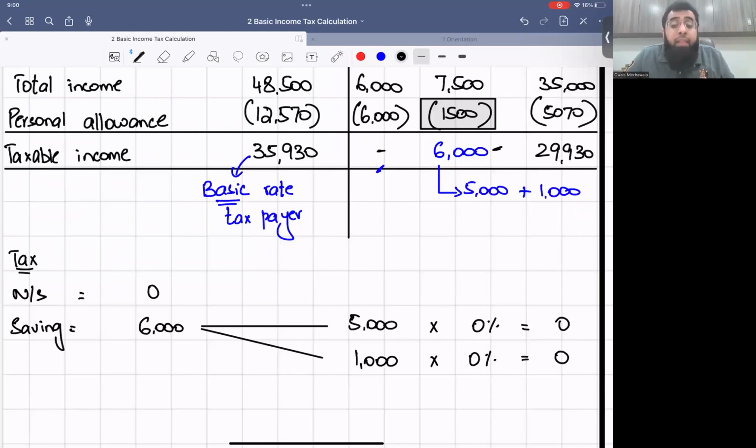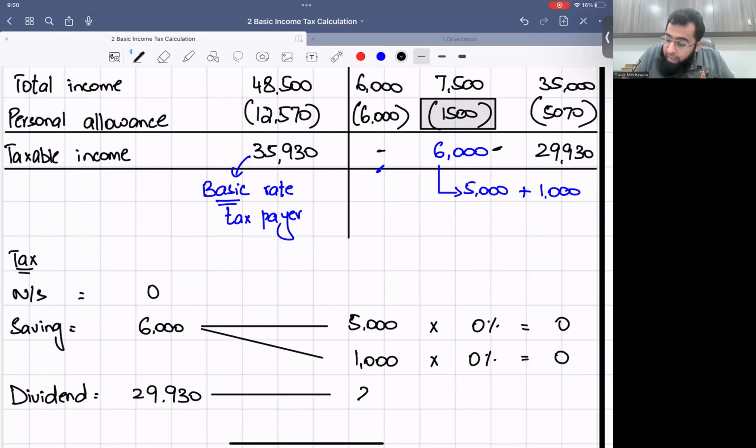So see, the amount of 6,000 which I left in the taxable head was already covered at 0% band. This is the reason why I didn't waste my allowance against it. Because wasting your allowance against something which is already being taxed at 0%, it's not advisable. It's not a wise decision. Then we have dividend income, 29,930.